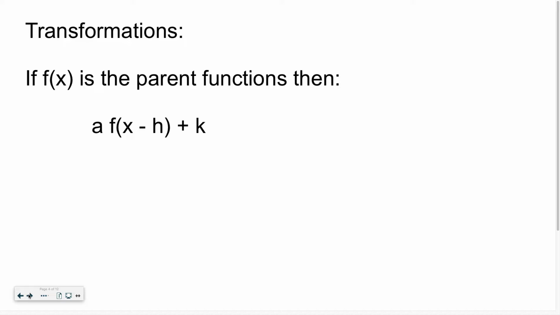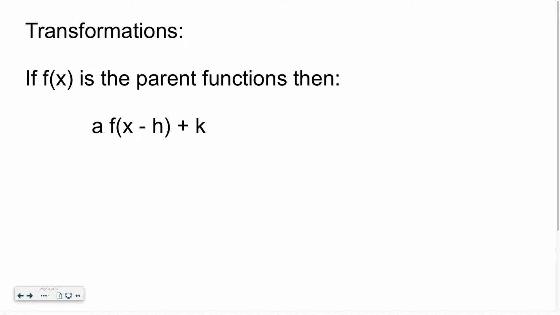Left or right. And if we have a number on the outside of our function, then it's going to shift us up or down, okay? Remember, a negative on the outside means we reflect about the x-axis. A negative on the inside would make us reflect about the y-axis, okay?